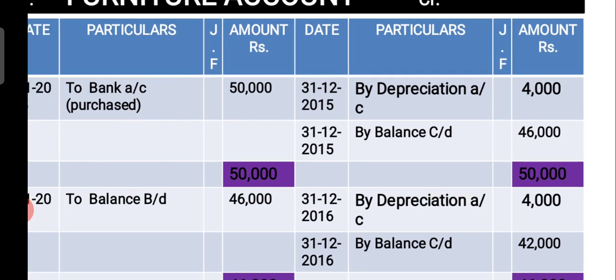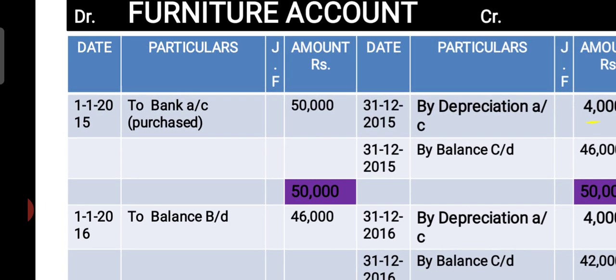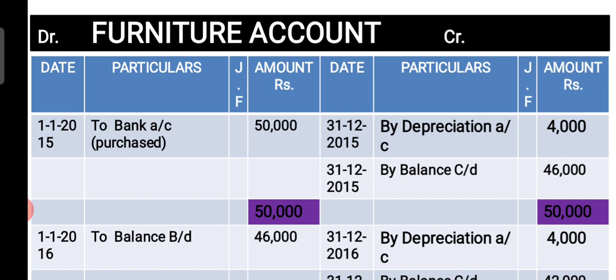At the end of the year, means 31st December 2015, on the credit side in the particulars column, write by depreciation account rupees 4,000. And from 50,000 we deduct 4,000, then you will get the difference amount, that is called the closing balance.